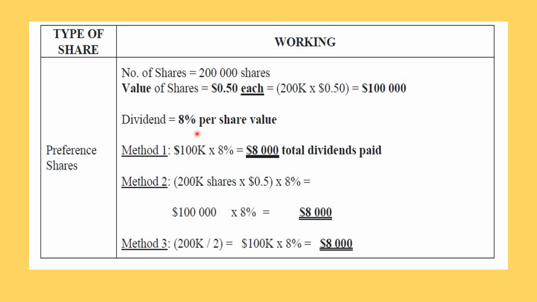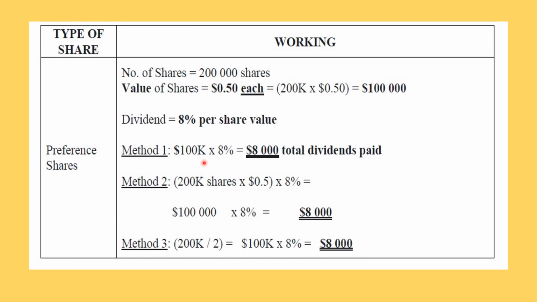So you have to multiply the 200,000 that was issued by 50 cents each, and you get 100,000. Dividend is paid on the 100,000. So there are 3 ways you can work that out. You can take the 8% of the 100,000, and you get 8,000. That is your total dividends paid.